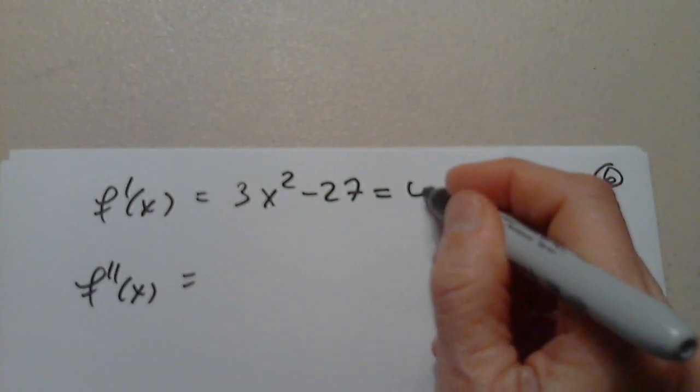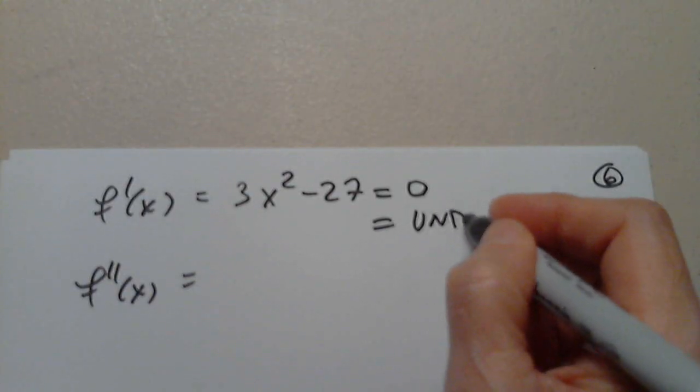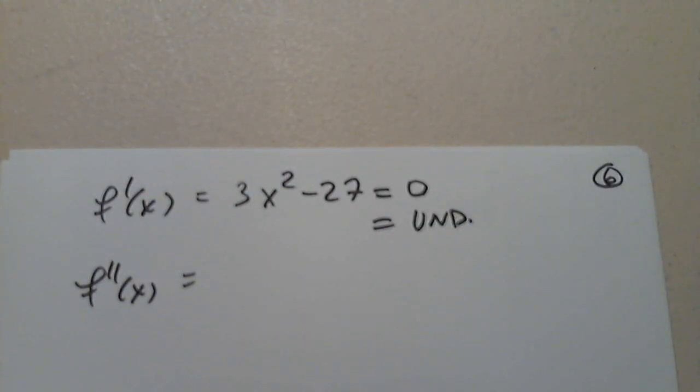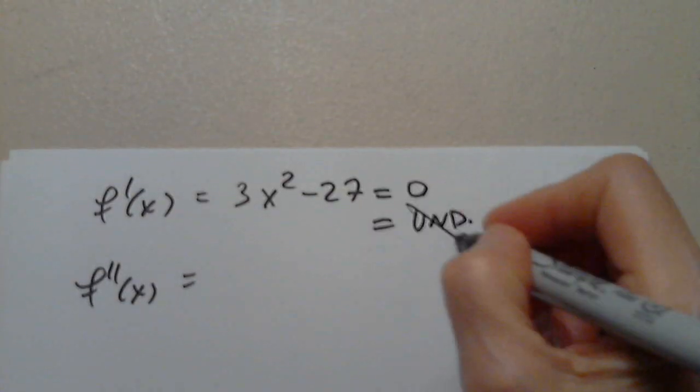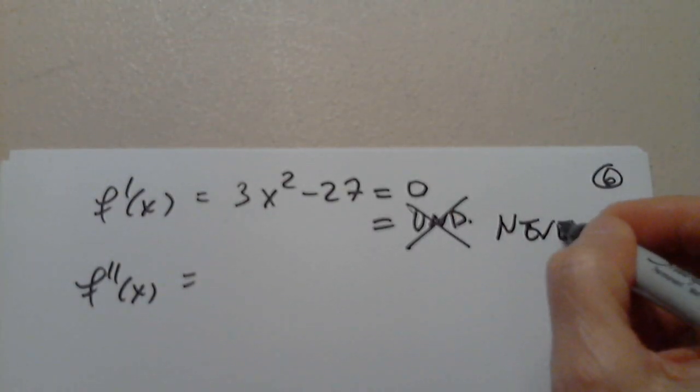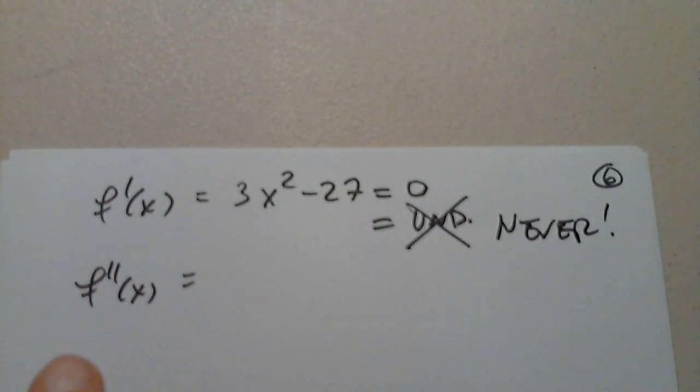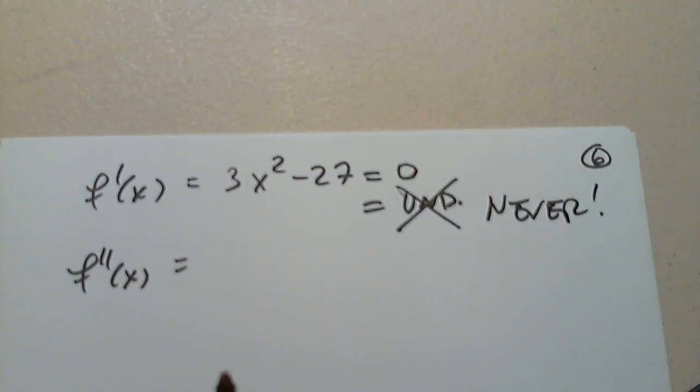And I have to set it equal to 0, or I have to set it equal to undefined. Which of these two doesn't make any sense for a polynomial function? Undefined. Of course. Never. Just for this function, never. Good. We're going to come back to it in a moment.